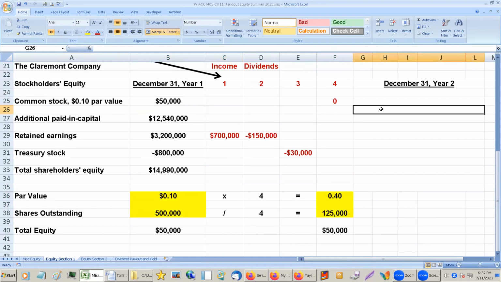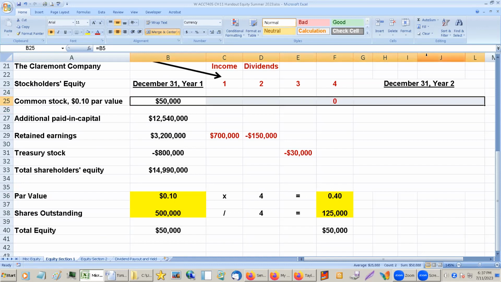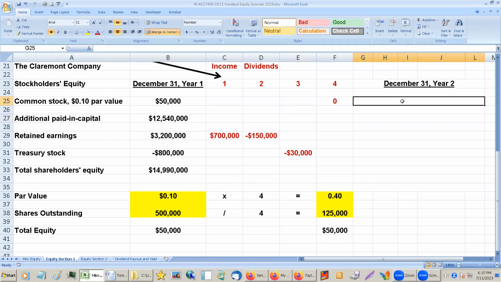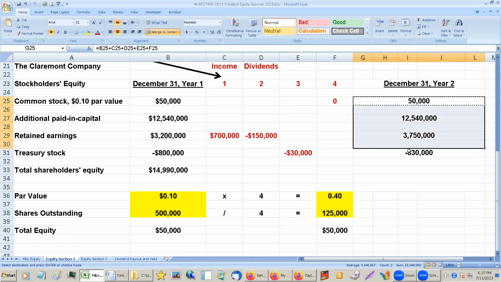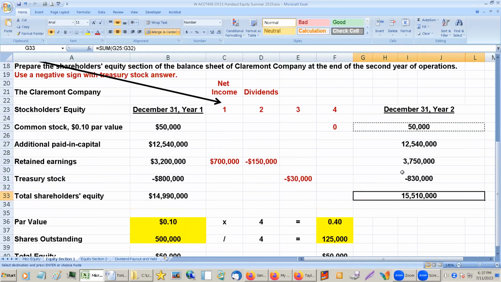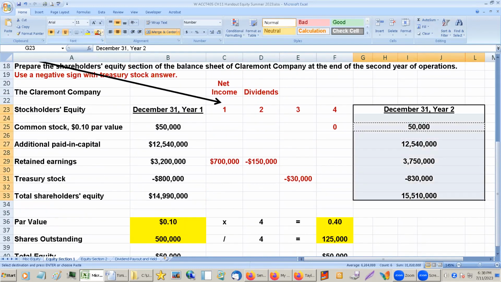Okay, so let's get our numbers here. This is what our new financial statement would look like, and you have one of those in the homework.